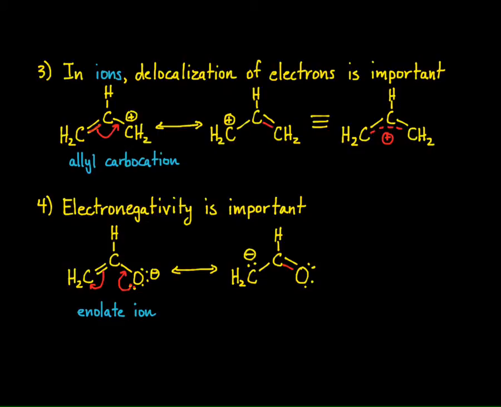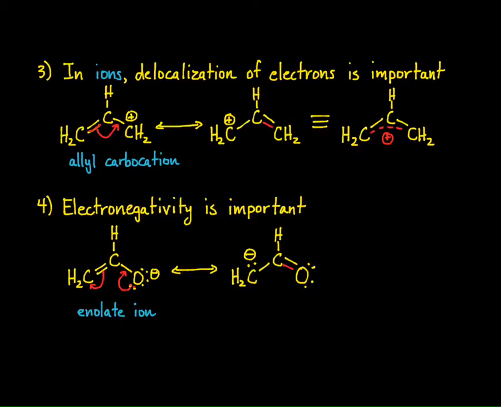So the structure on the left, oxygen has a negative charge. The structure on the right, carbon has a negative charge. Again, notice we're only moving electrons around here, and also notice the charges of the structures are maintained. Now, of the two, which is the greater resonance contributor?